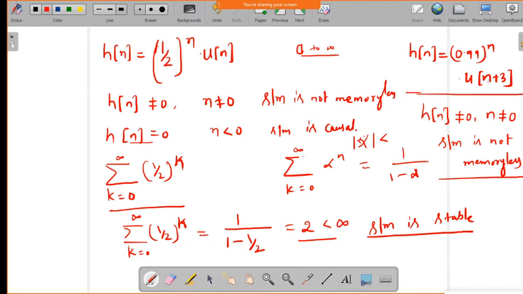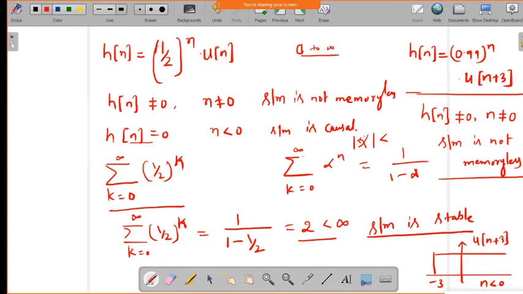Whether, for n less than 0, is it giving the 0 values? It is not, because if you take u of n plus 3, it will start from n equal to minus 3, right? It is a shifted version. This is u of n plus 3. So, now see, for n less than 0, is it 0?